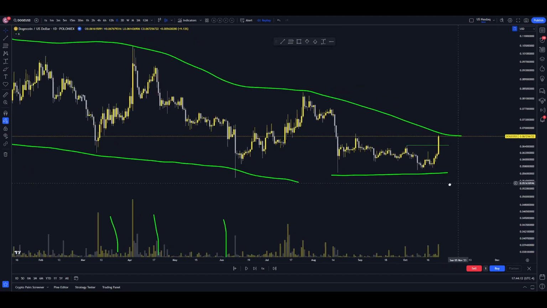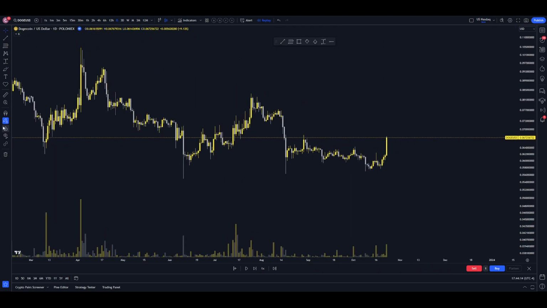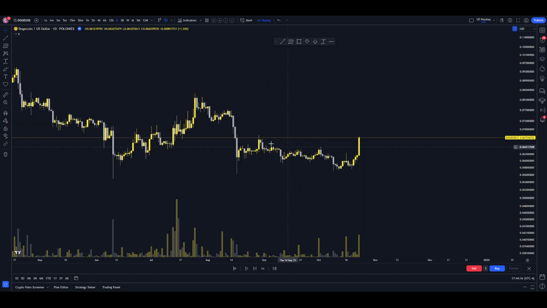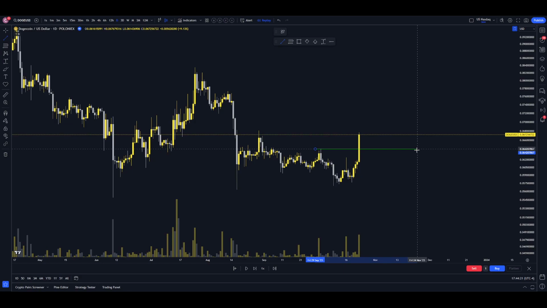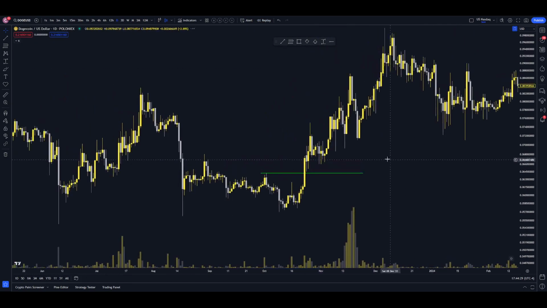So at this point, I would start to be very cautious if I was a seller and probably look to start positioning myself on the long side with this little higher high break here, right? So let's go ahead, let's get rid of the replay and see what follows.